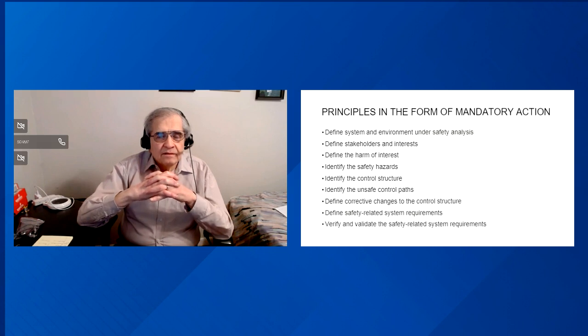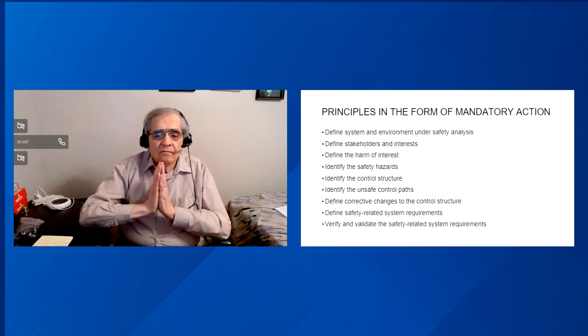Define the corrective changes to the control structure by this backward traversal. Define the safety-related system requirements. And then finally, also very much included in the standard is the point of verification and validation of the safety-related system requirements.